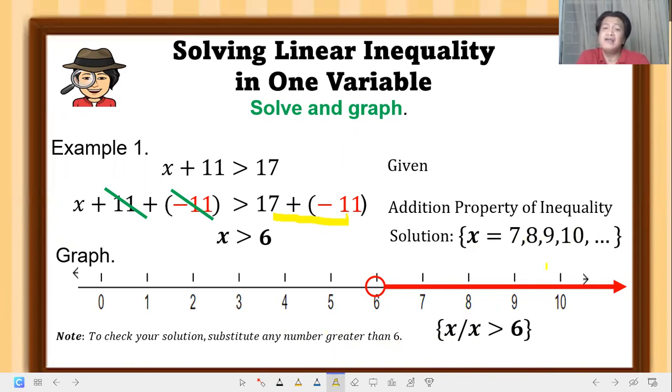Ibig sabihin, kuha ka lang ng isa dito. Let's say 7. Para ma-check natin, kapag sinubstitute natin yung 7, let's have this 7 plus 11. Pag inadd natin yan, di ba ang sagot dyan is 18. Okay, kapag kinompare natin dyan, di ba? 18 is greater than 17. That is a true statement. Okay, kahit alin dito ang kunin mo, true statement po yun.